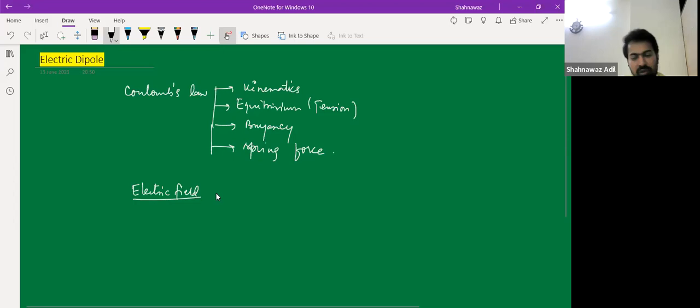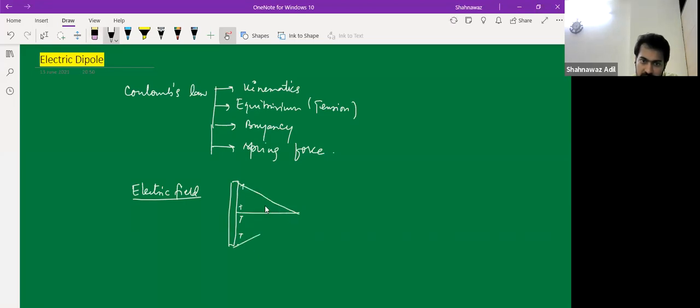Point charge, we know, superposition principle, we know. So for a line charge, we calculated the electric field at this point. This is theta 1 and this is theta 2.